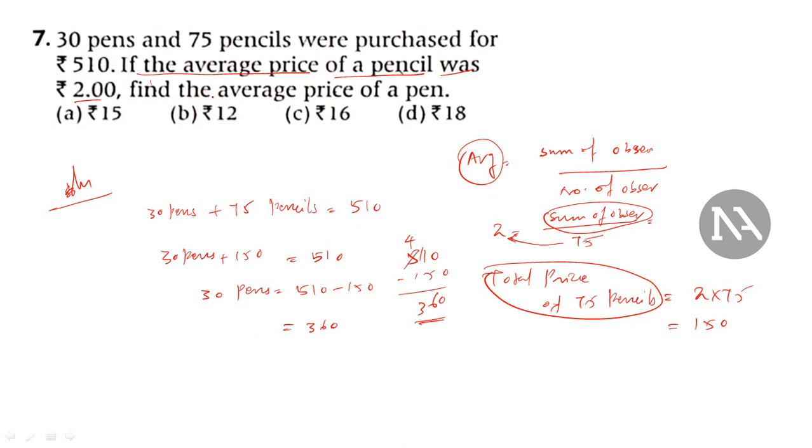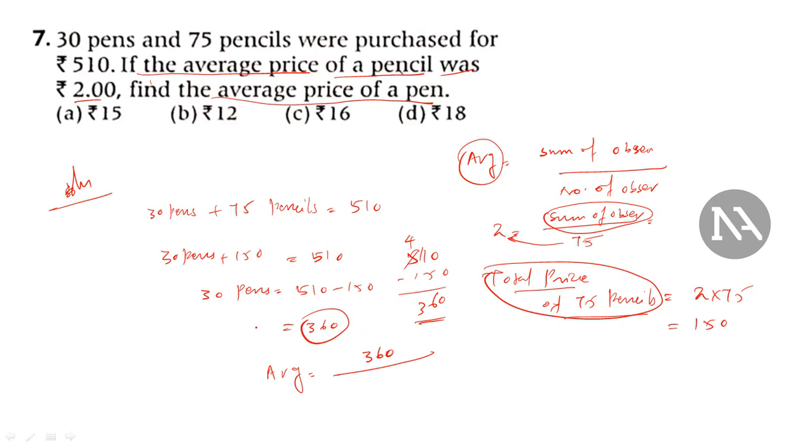Now they are asking what is the average price of a pen. Average is equal to the total price of all the pens, that is the sum of observations, divided by the number of pens. Similarly, earlier we saw the total price of all the pencils is the sum of observations.